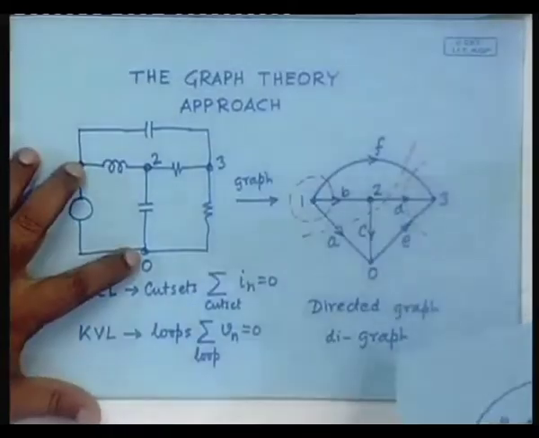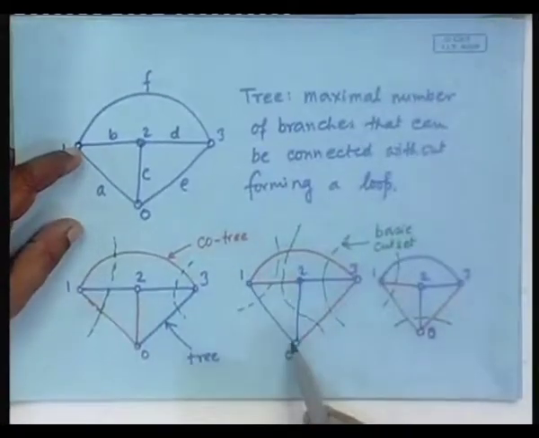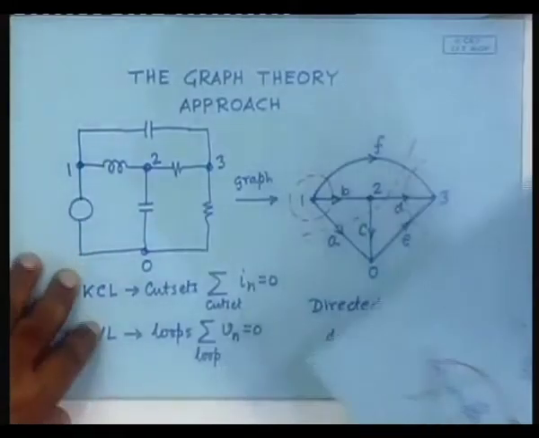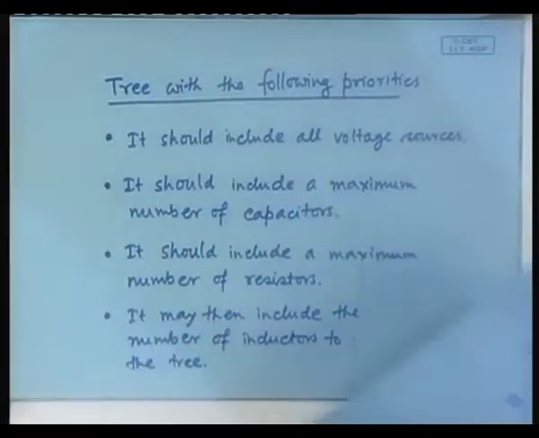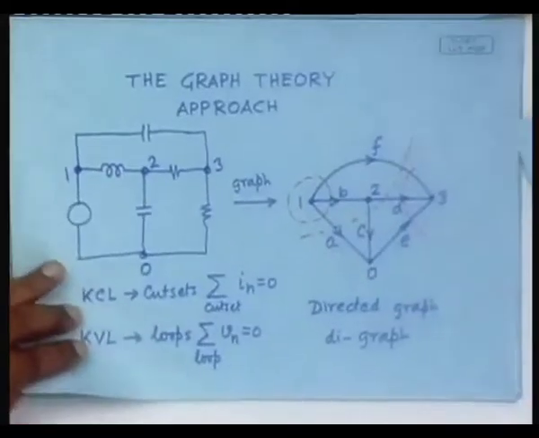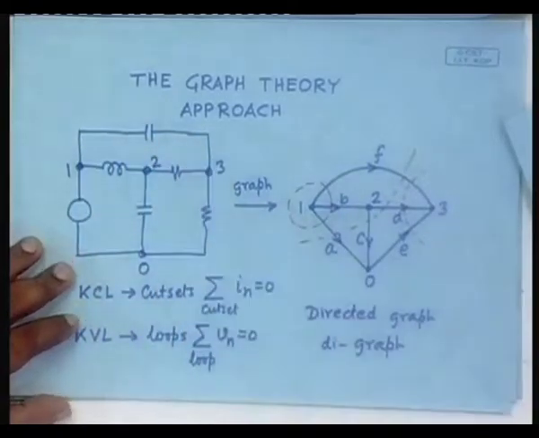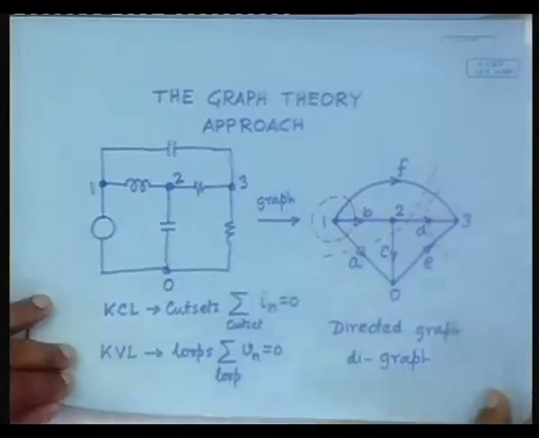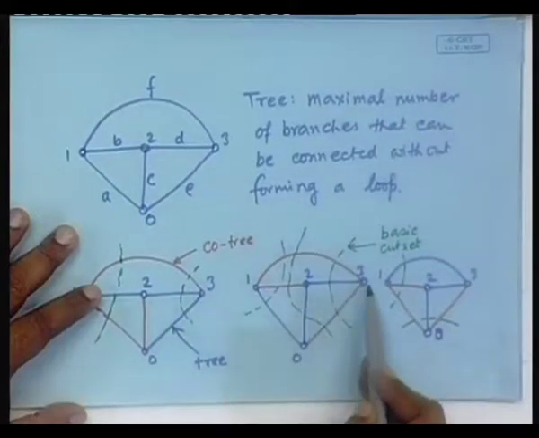It is this branch, only this one includes that. The next point is that it should include a maximum number of capacitors. There was a capacitor here and there was a capacitor there. So, which one will do that? This one does not do that, because this does not contain that capacitor.